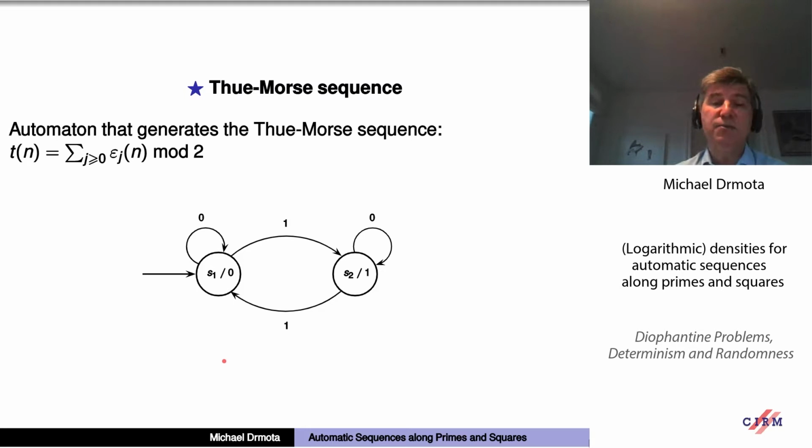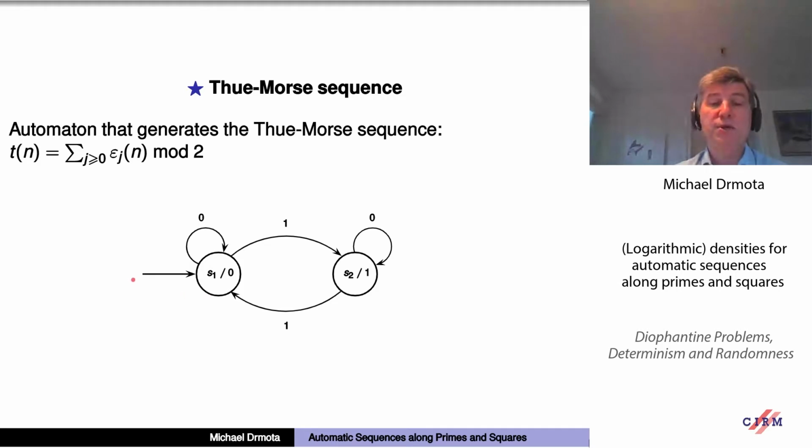So how does this work? We have 2 states, and we have 2 possible transitions, a transition 0 and a transition 1. If you read a 0, then you stay in this state. If you read a 1, you move to the other state, and here the same thing works.